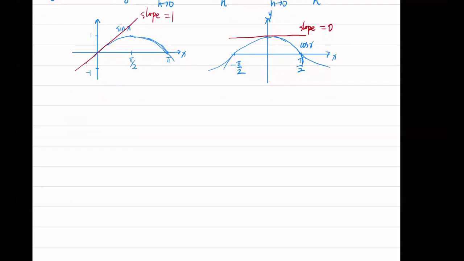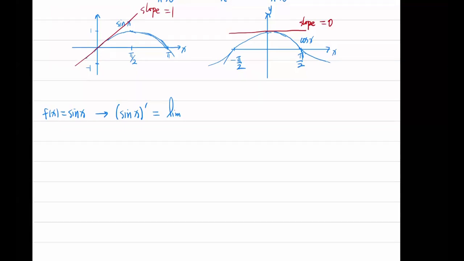f(x) equals sine x. We want to find the derivative function. Let's just use sine. Sophia, what's the formula for this one? The limit of sine of x plus h minus sine of x over h. Very nice.